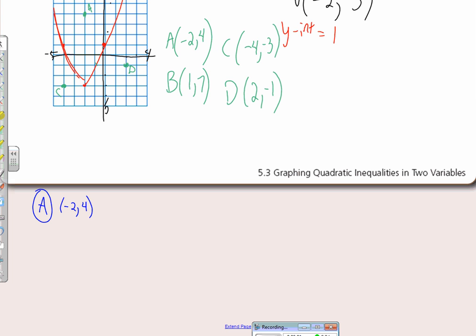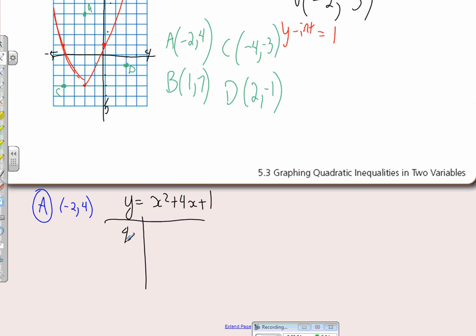All right, so let's take point A, negative 2 comma 4. Let's see what happens when we use y equals x squared plus 4x plus 1. Let's see what happens to the left side and right side. Left side is going to be 4 when we substitute it in.